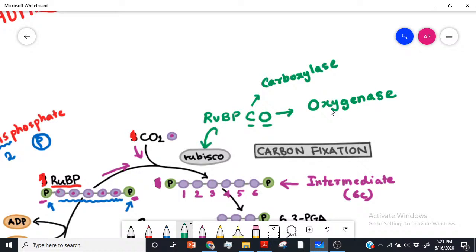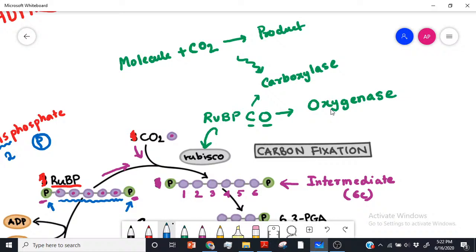Now carboxylase means what? Carboxylation is a reaction where carbon dioxide is incorporated or added to one molecule. Suppose we have some molecule, along with that carbon dioxide gets added, and then there's a product. This reaction is a carboxylase. And what is an oxygenase reaction? Oxygenation is molecule plus oxygen forming product.